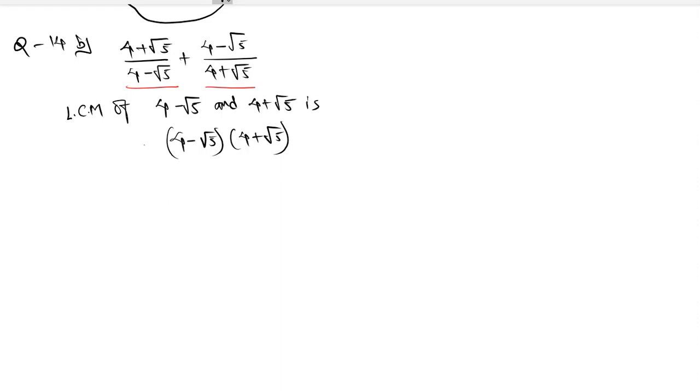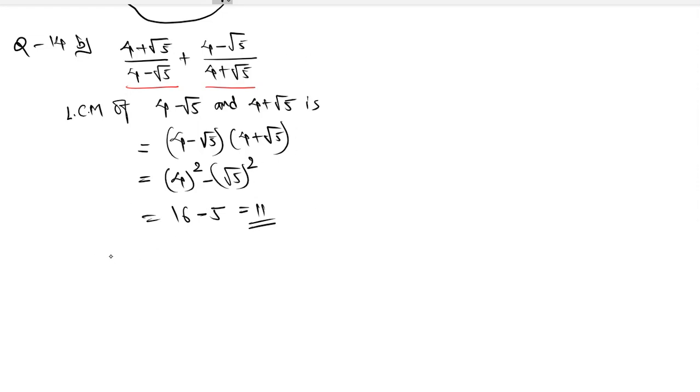Let's find it out. So this is in the form of a minus b into a plus b. So a square minus b square, 16 minus 5. What is 16 minus 5? 11. So this is the product of these two numbers, which we are going to use later. So this is the LCM also. 11 is the LCM, right?